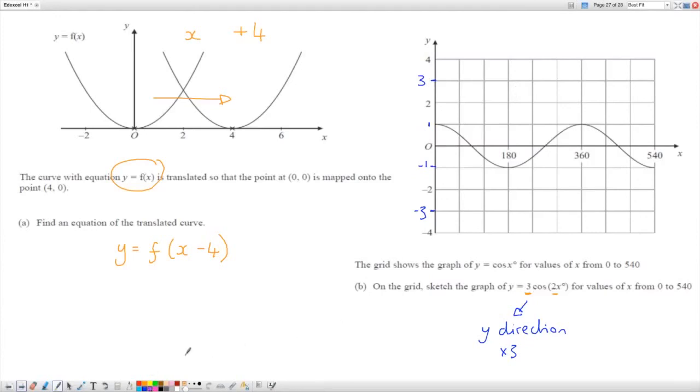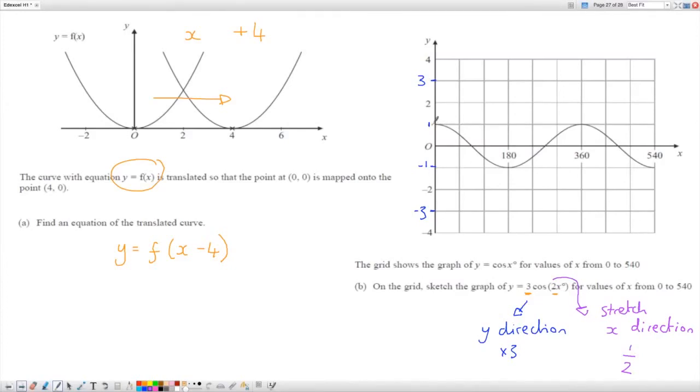Now let's look at the 2 sitting in front of the x. This is a stretch, but this time we're going in the x direction, and it's 1 over the value sitting here, so we're looking at a half. So we're stretching it in the x direction by a half.